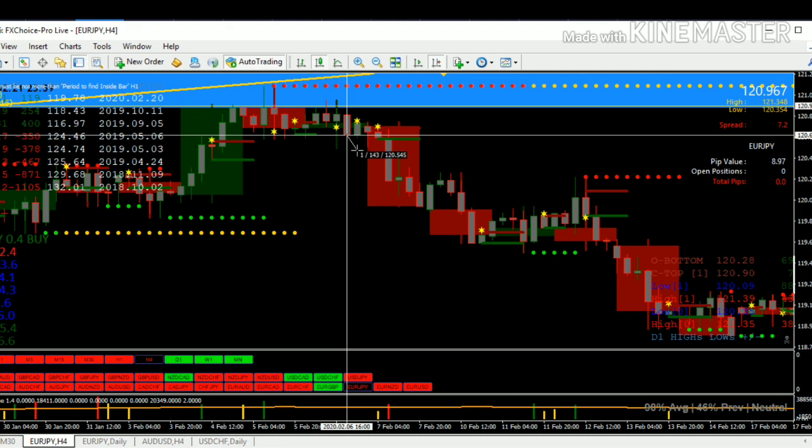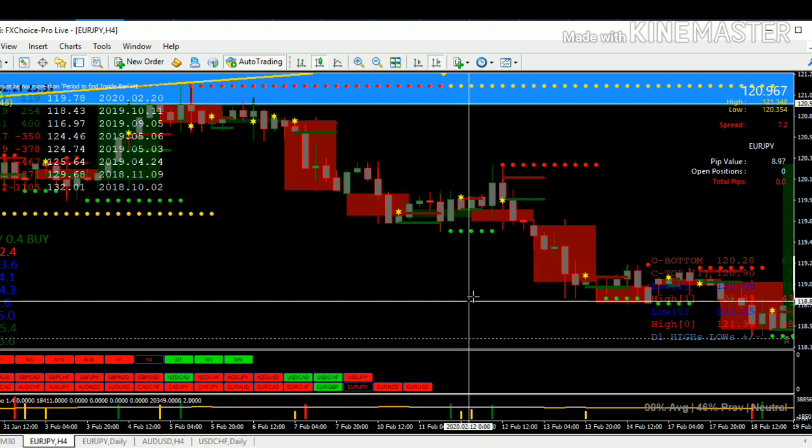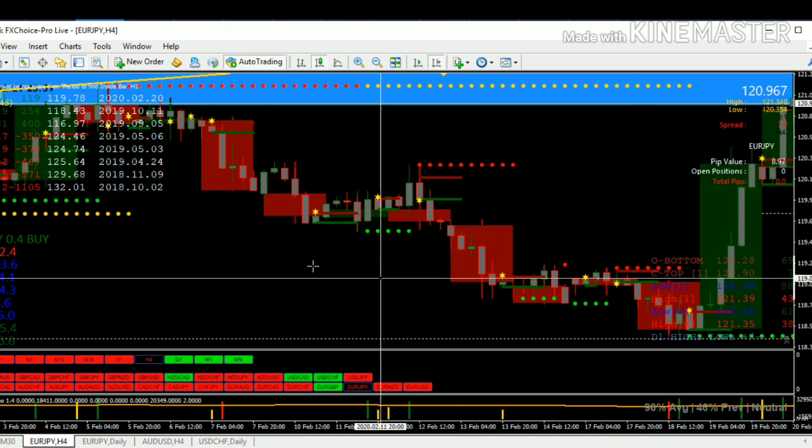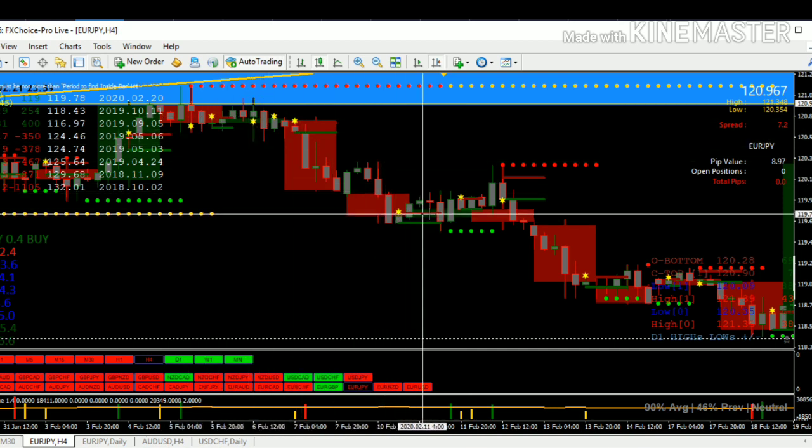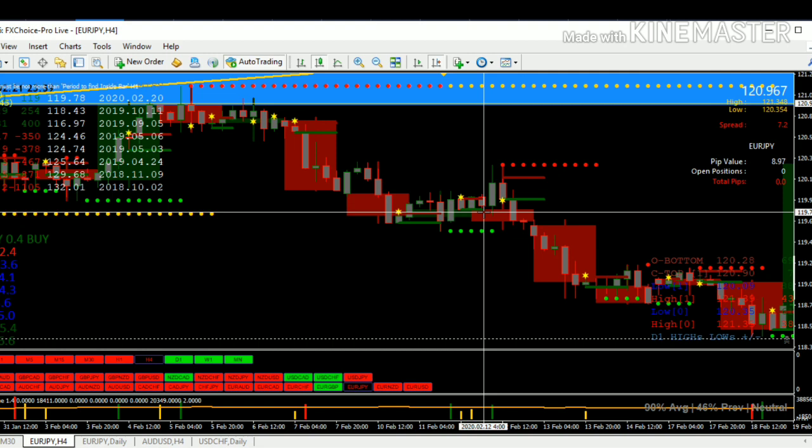So at that point, I ride it all the way down until it closes in an upper wick zone. This is the upper wick zone of this candle, so I would have gotten out right here. 60 pips, right? That's over 1, 2, 3, 4 days.